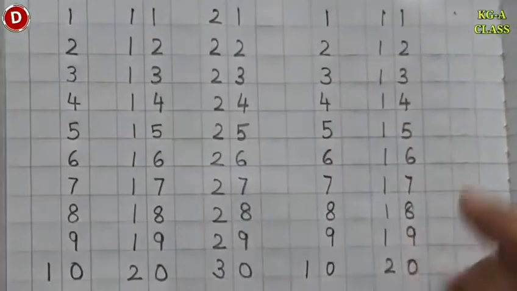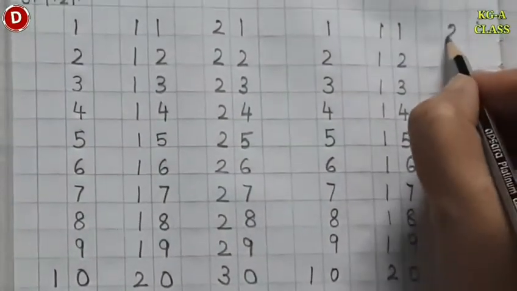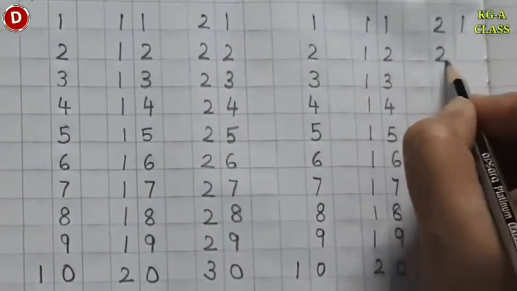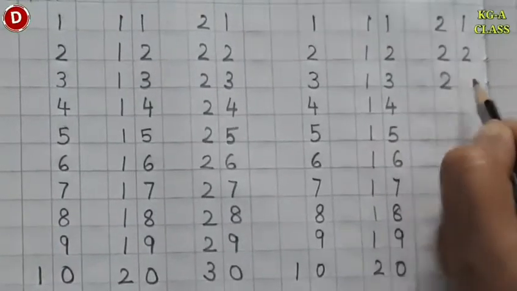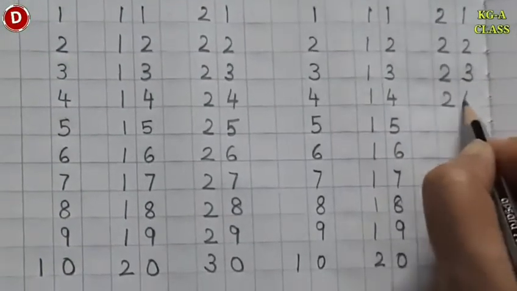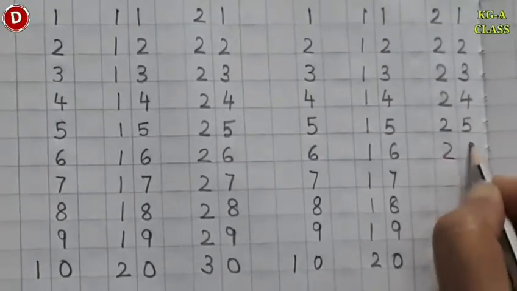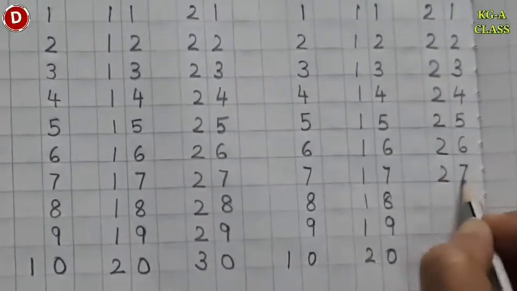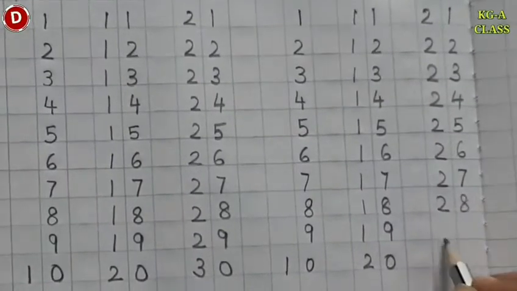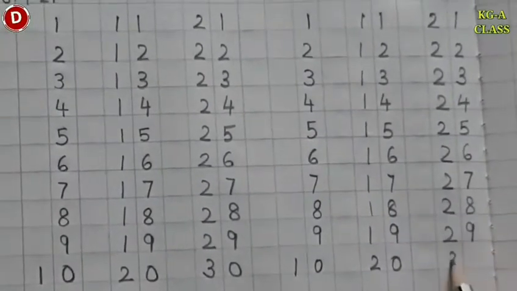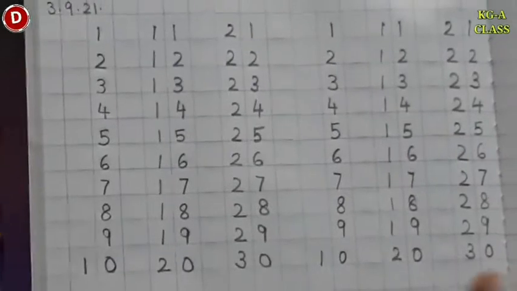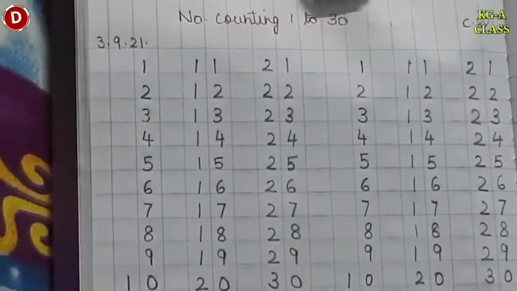Leave the next line, children. After 20 comes 21, 22, 23, 24, 25, 26, 27, 28, 29, and here comes 30. In this way, children, you have to write number counting 1 to 30 in your maths notebook.